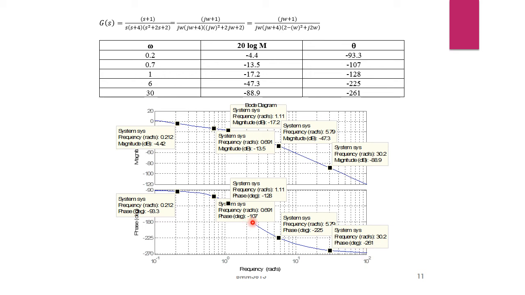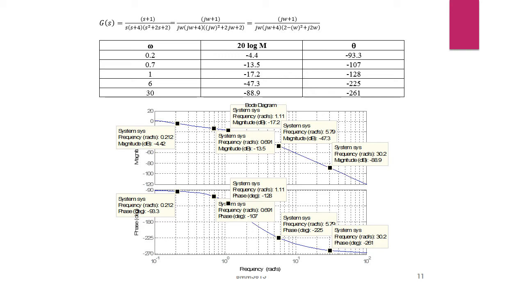And then we see that it crossed the line of minus 180 degrees, as we mentioned early in this video lecture. If it goes to minus 180 degrees, we consider it unstable, because you ask the system to go in one direction, but it goes exactly to the opposite direction. So that's how we read a Bode plot.